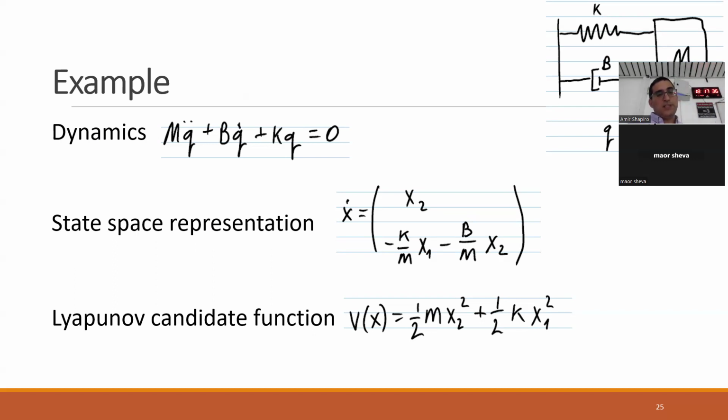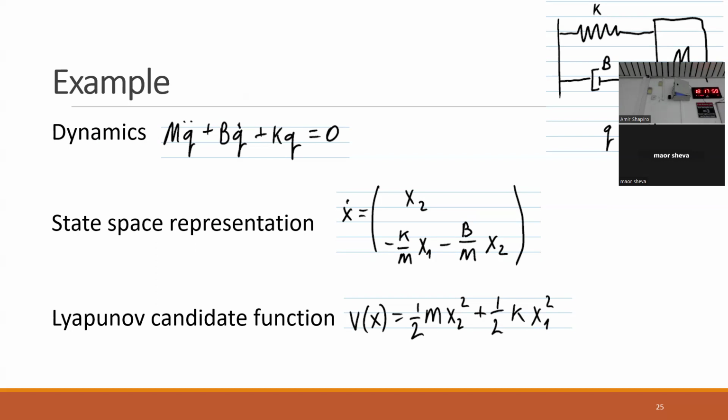Then we do a state space representation. So we reduce the order, but now we define x1 equals q and x2 equals q dot. Therefore, x1 dot is x2 and x2 dot is q double dot.